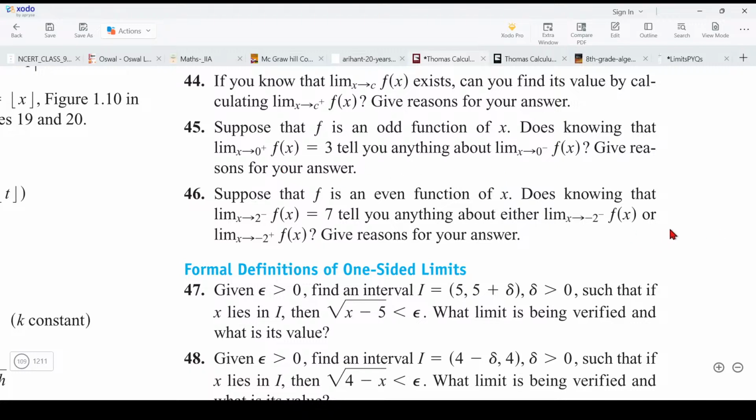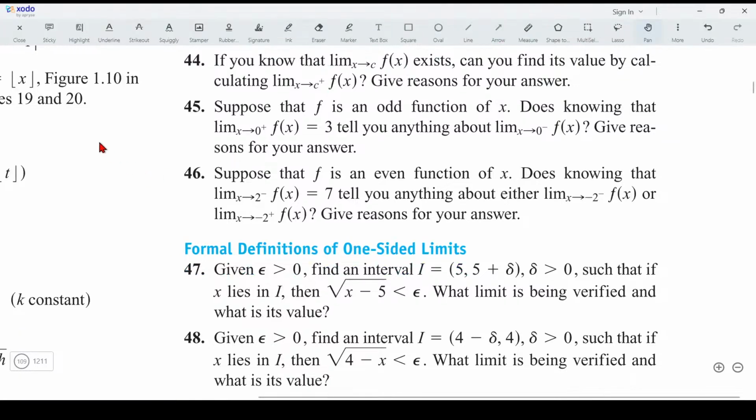Now, this time f is an even function. If it is an even function and the limit as x tends to 2 minus is 7, that means we are approaching 2 from the left hand side and reaching 7. Now, can we tell anything about approaching minus 2, from the left or from the right?